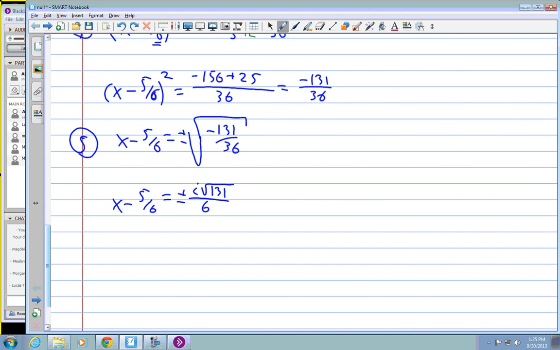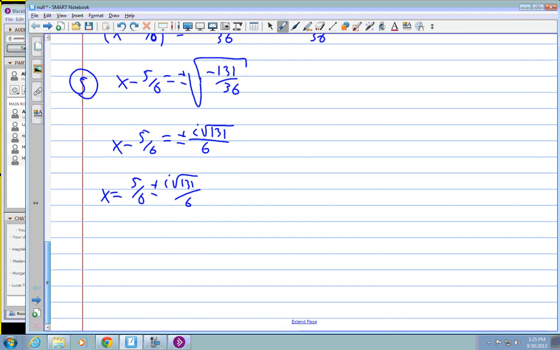So I'll take the negative out of the radical, and it turns into i. And then for x, you just add 5/6 to both sides. So it's 5/6 plus or minus all that. So same denominator. So the answer is 5 plus or minus i square root of 131 over 6.